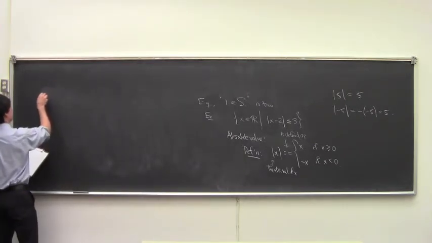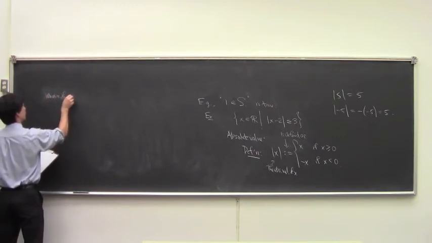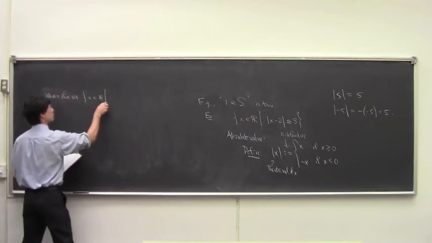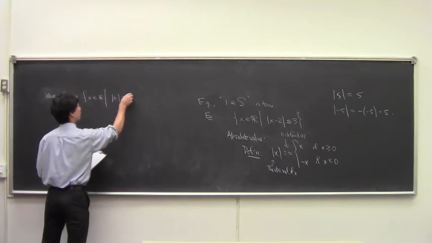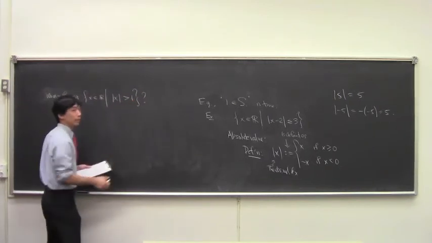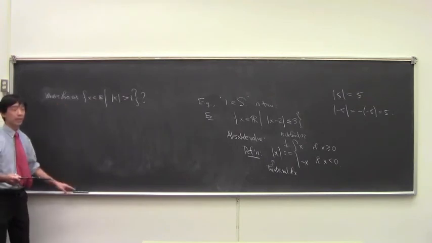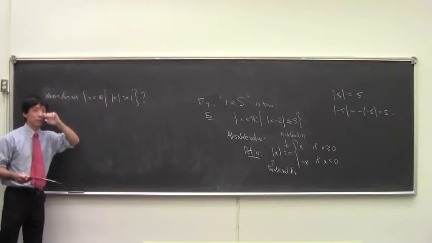Suppose I say, what's the set of x such that the absolute value of x is bigger than 1? Tell me what the set is of things whose absolute value is bigger than 1.